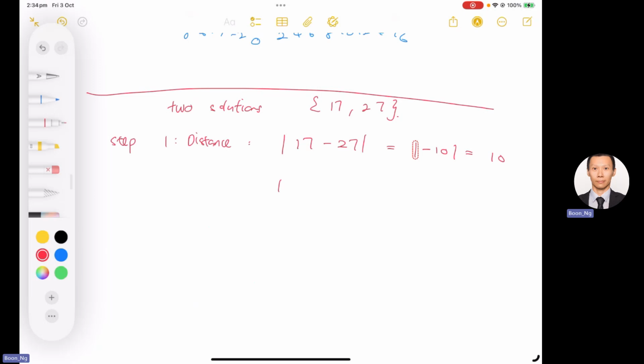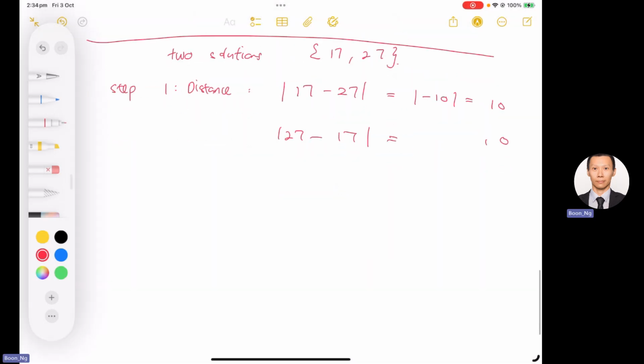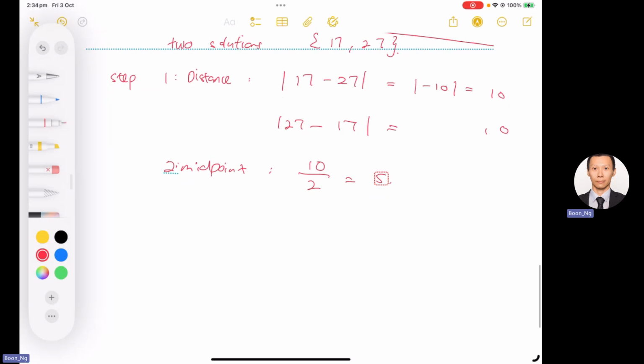Or you can do it the other way, 27 minus 17 absolute, and you also get 10. After getting the distance, what you really need to do is find the midpoint. So it will be 10 divided by 2 equals 5.